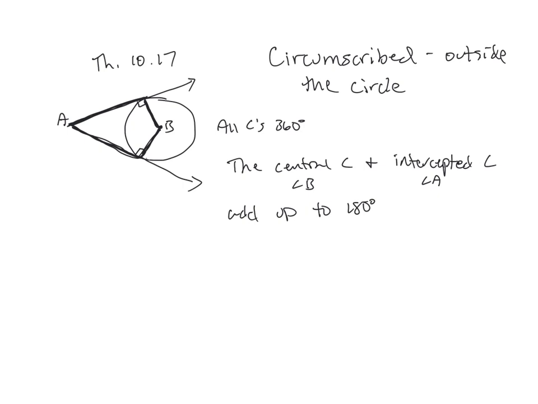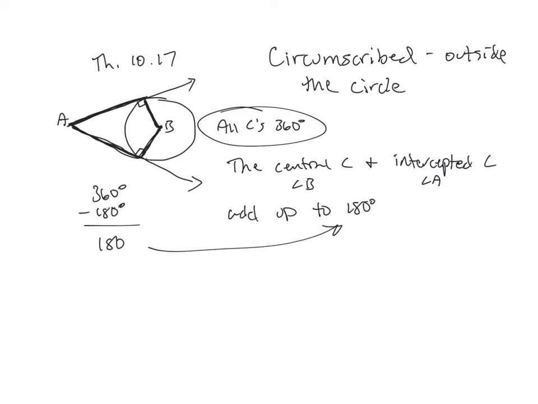That's why I said you can figure this theorem out relatively simply by knowing this. If all of them add up to 360 and I have a 90 degree and a 90 degree, then that's 360 minus 180, which is 180, which is what the theorem says.